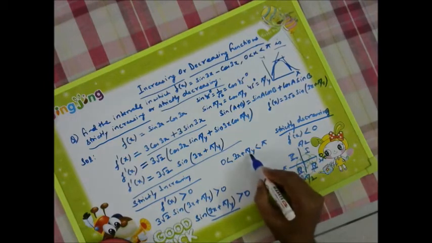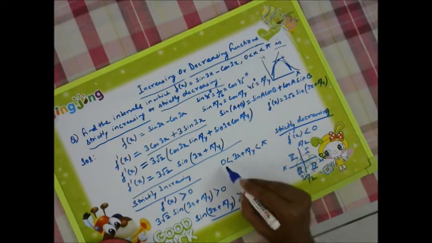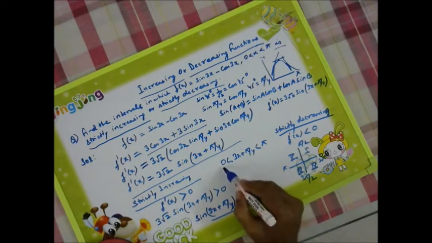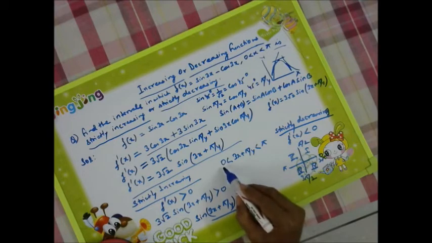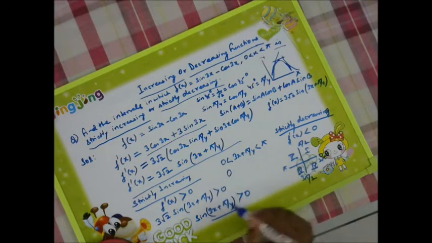Now we will subtract pi by 4 from all parts. Here it becomes 0 minus pi by 4. We cannot write minus pi by 4, because a negative angle is not there. It should be a positive angle only, from 0 onwards, so it will be 0 only.